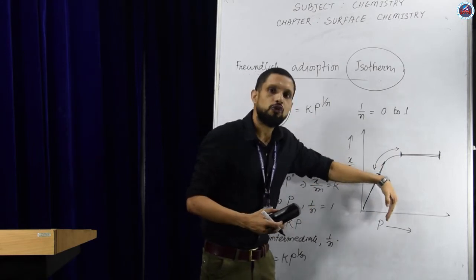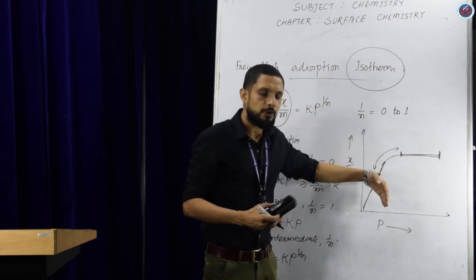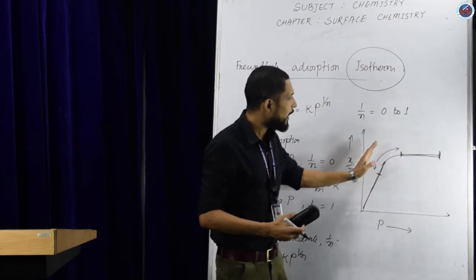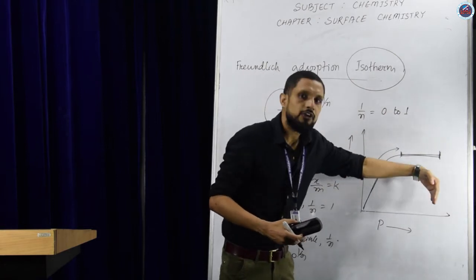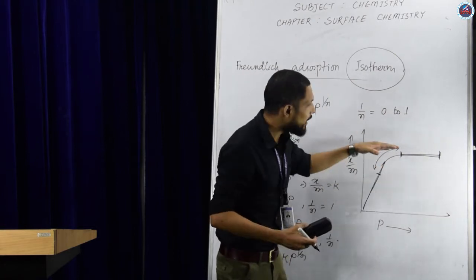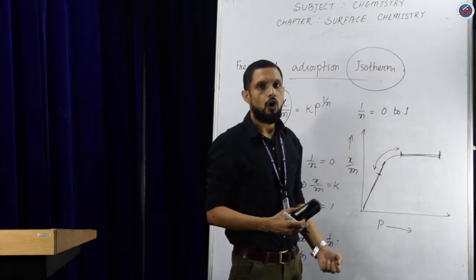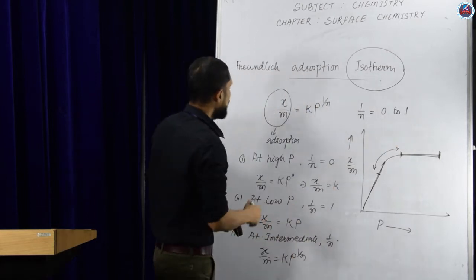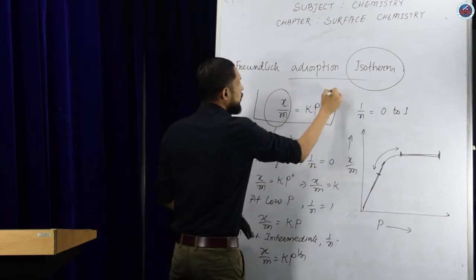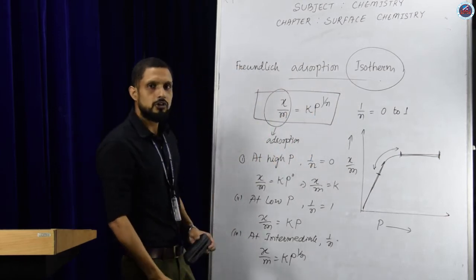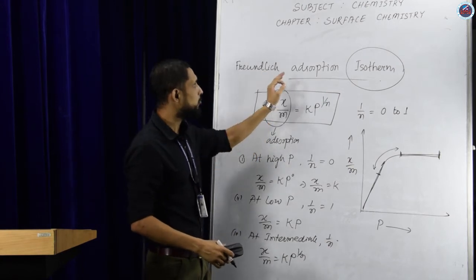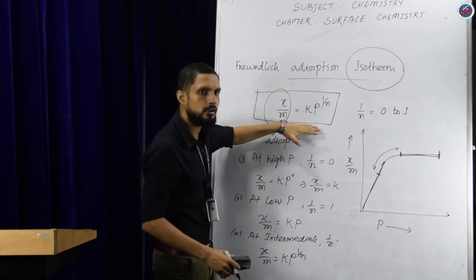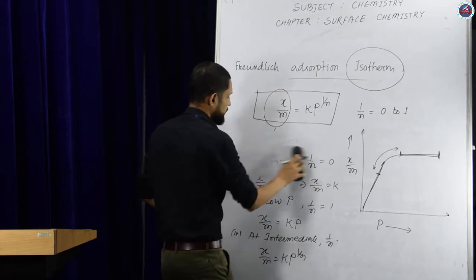After a certain range of pressure, that means at intermediate pressure, the adsorption increase will slow down, and when the pressure is high, the adsorption will remain constant. So this is the Freundlich adsorption isotherm equation. We have one more equation for Freundlich adsorption isotherm, which we derive from here. So let us see the next equation.